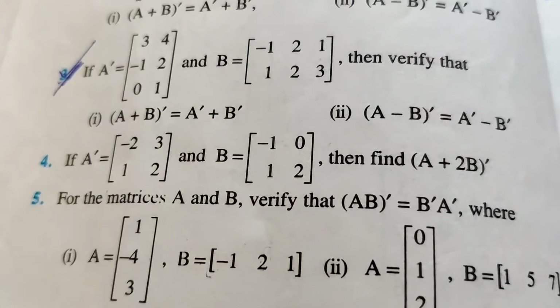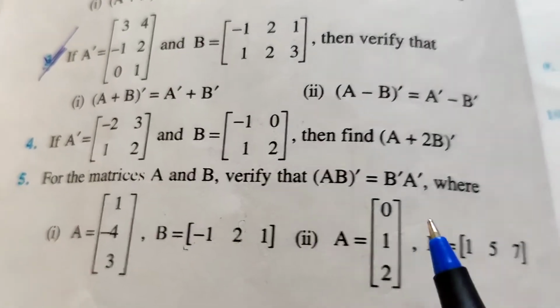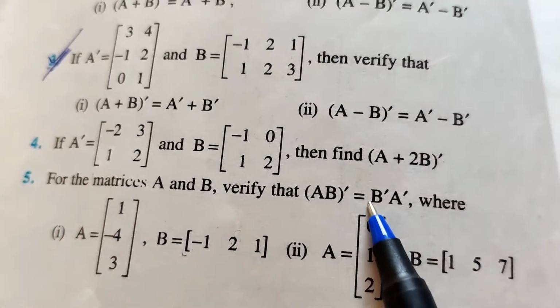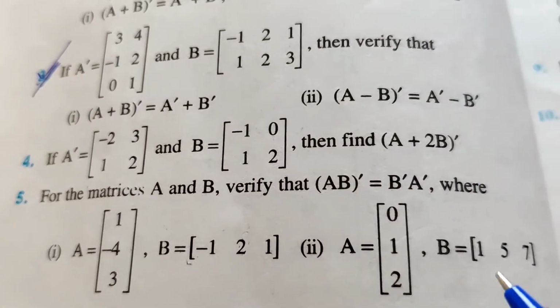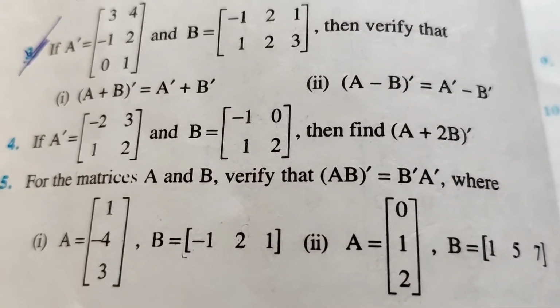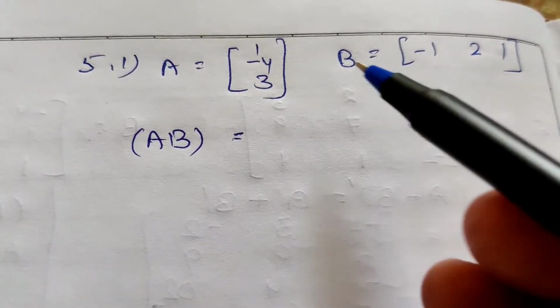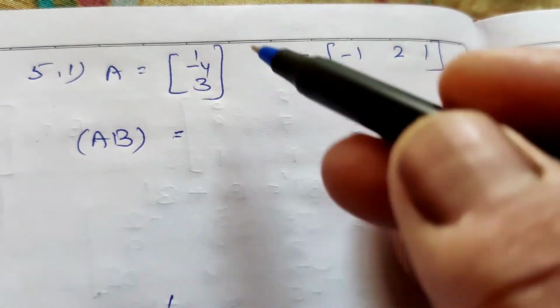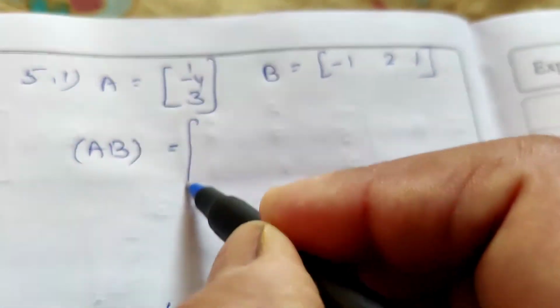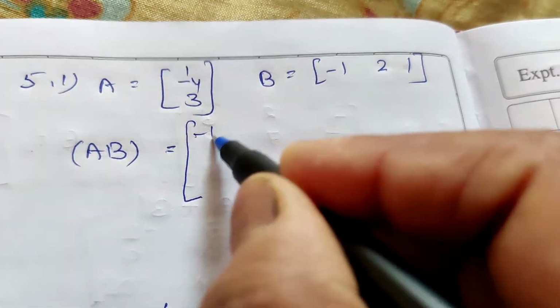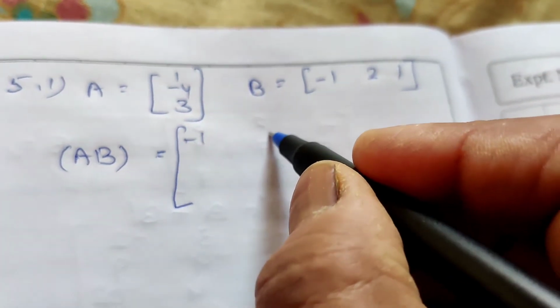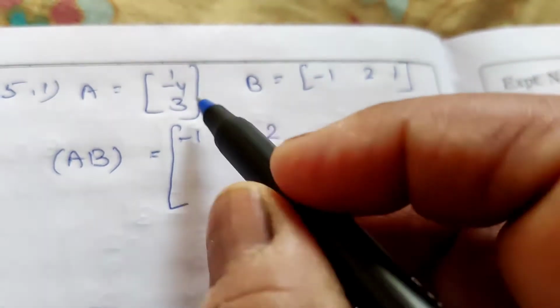Question number 5. For matrices A and B, verify transpose of AB equal to transpose of B into transpose of A, where A and B are these two. First, AB, product of A and B. First row, first column minus 1. First row, second column 2, 1.